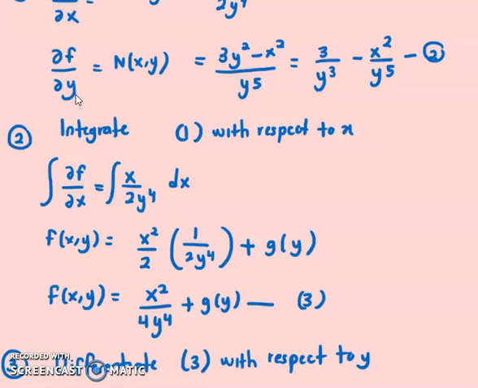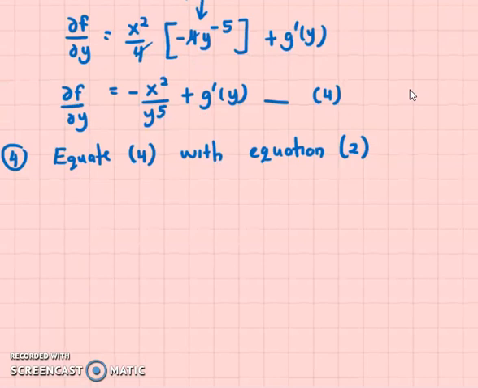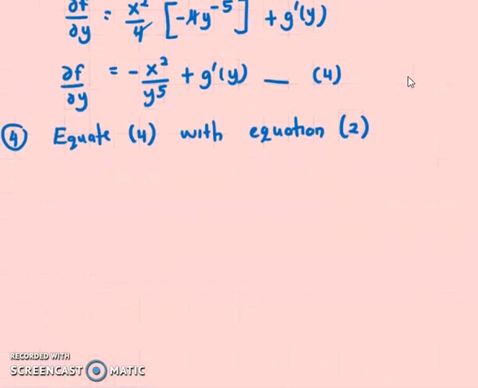Partial f over partial y equals this whole expression, which is our N. So we have our N as 3 over y^3 minus x^2 over y^5.